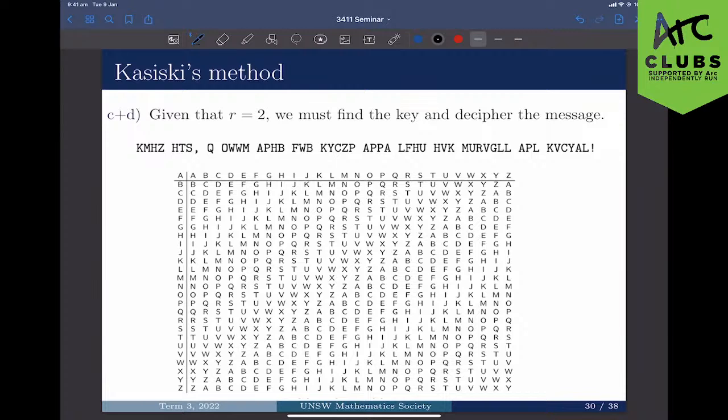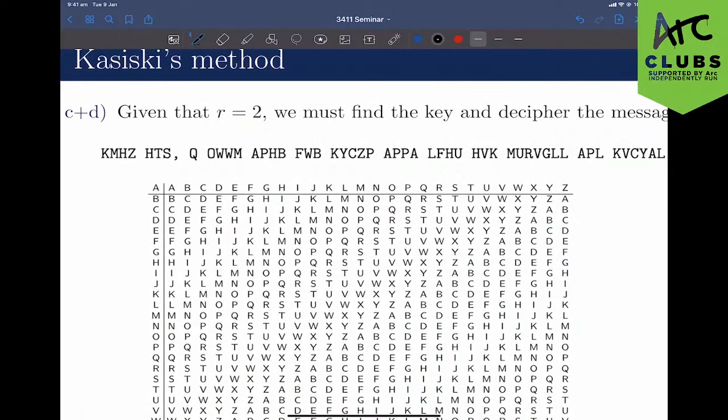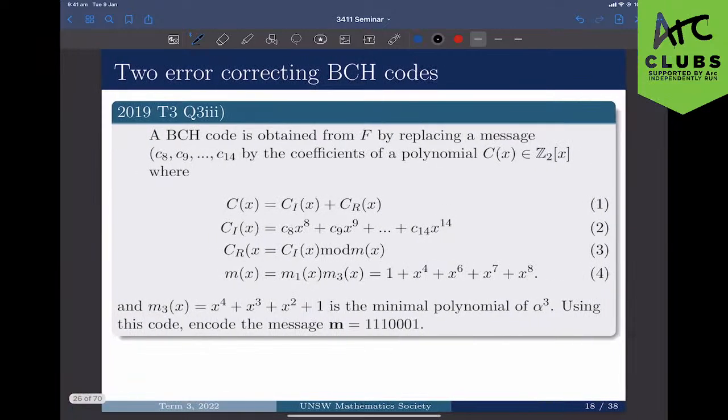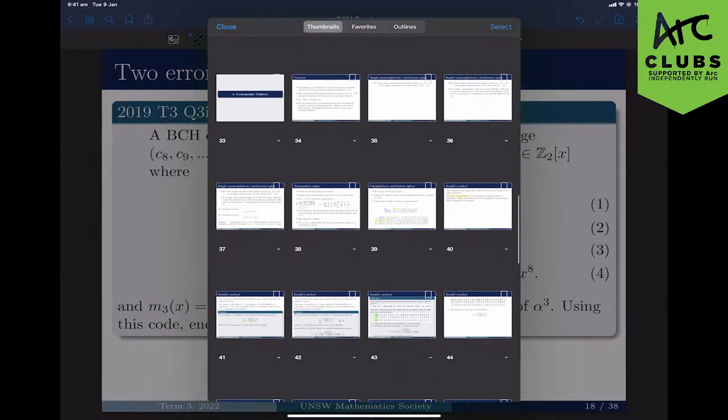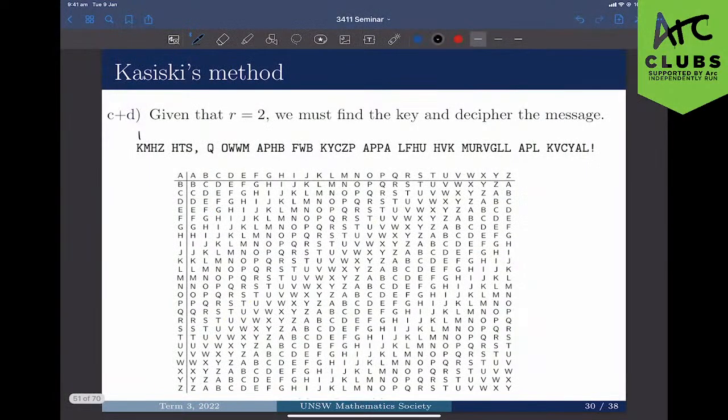What it means when R is equal to 2 is that we have key 1 and then key 2 applied, and then key 1 and then key 2.